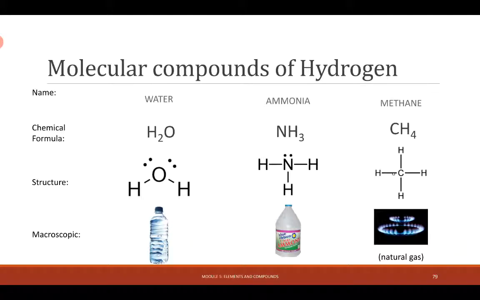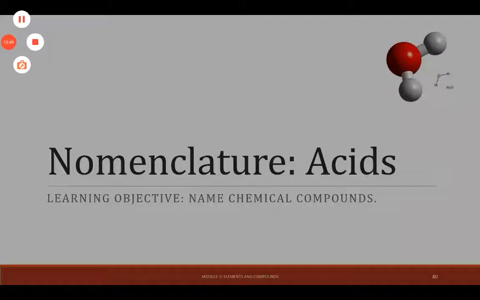That's the primary component of natural gas. And that's an organic, and that does follow organic nomenclature rules, which we have not covered yet. So that concludes our video on naming molecular compounds.